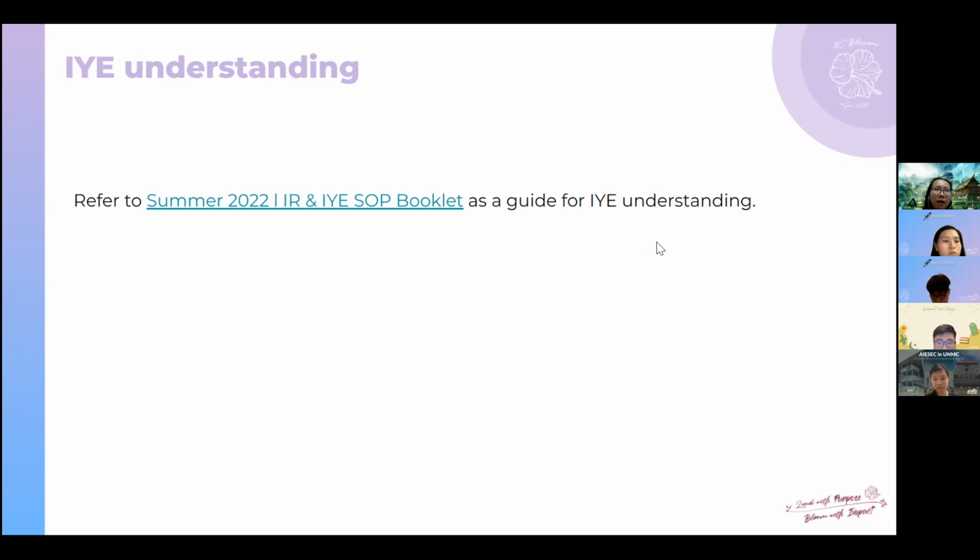Basically, it is one of the KAs for all of the IGV projects, to provide a space to engage with international youth. For this to happen, you need to have your IR partners to inform something like this. That's also the purpose why we have IR management for everyone. All these things you can refer to this booklet for more understanding.